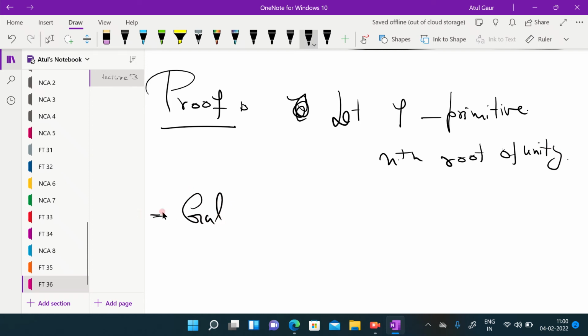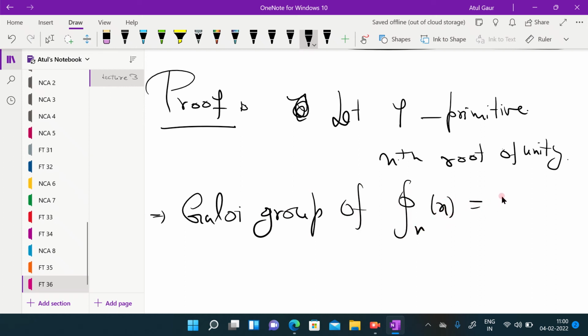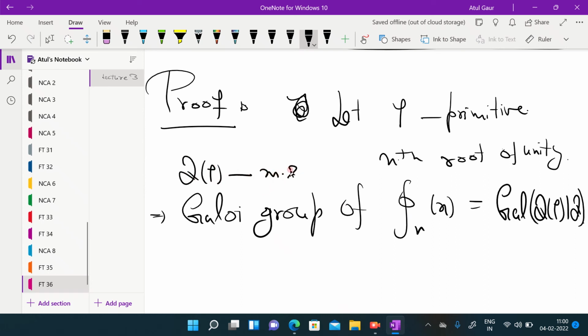So the Galois group of phi n x will be the Galois group of Q rho over Q. Maybe you can add one more line that this Q rho is the minimal splitting field of phi n x over Q. All right.